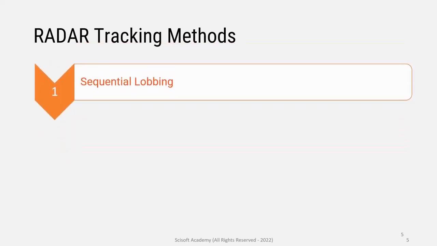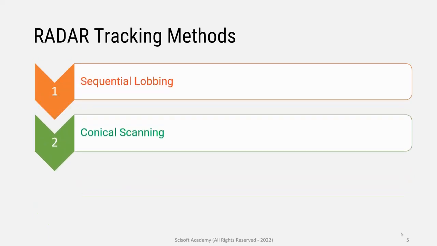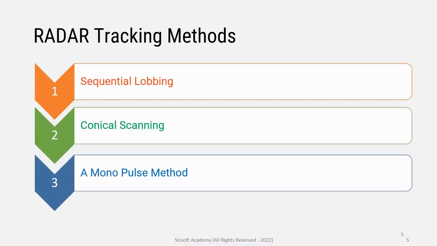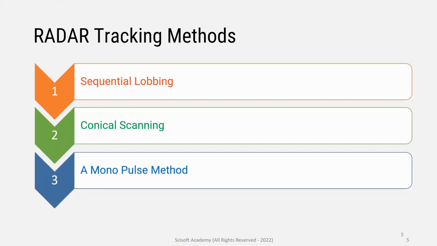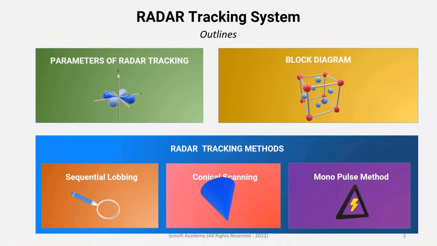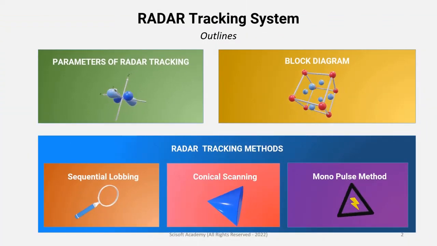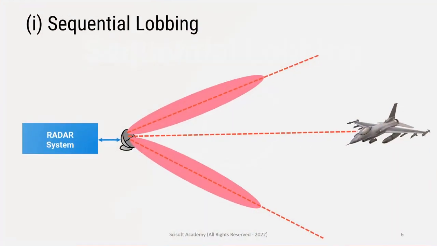As we can already see in the outline session, we have three basic tracking methods. The first one is sequential lobing, the second one is conical scanning, and we have the monopulse method. So let's see a short description of each one of them. I'm going to start with sequential lobing.